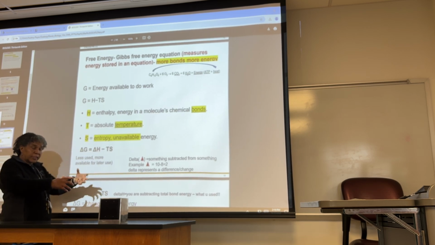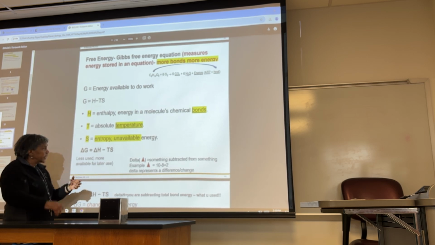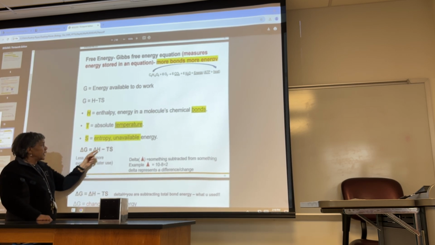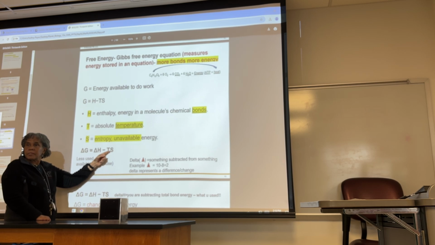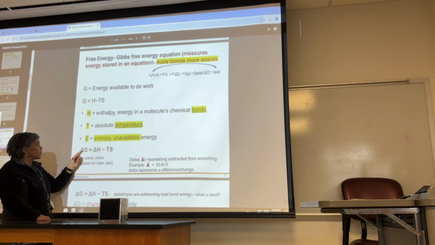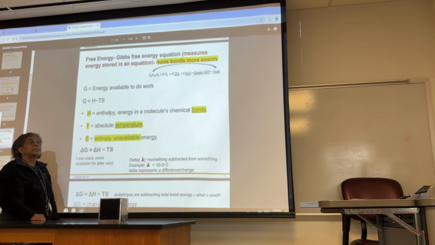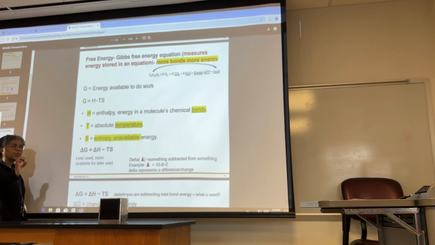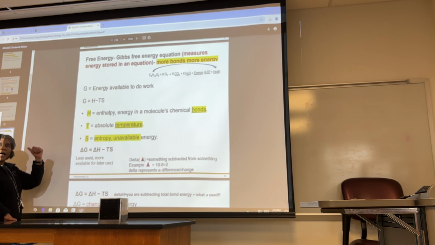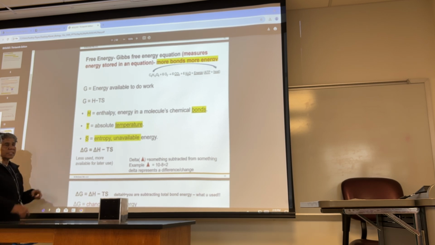If you use very little of that bond energy, then this number is going to be negative, subtracting it from this, and this number is going to be negative as well. You wanted it to be as small as possible. As small as possible just means that you have used very little, which means you've got a lot left over. That's all that means. Are you with me? That's the point I want you to understand about this. Some people get a little bit confused when thinking about the delta value.